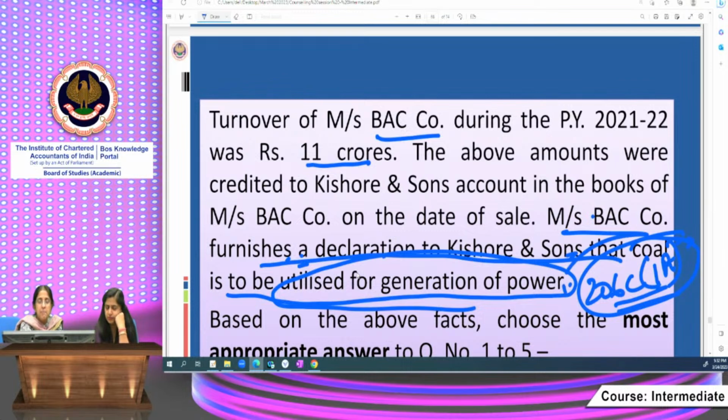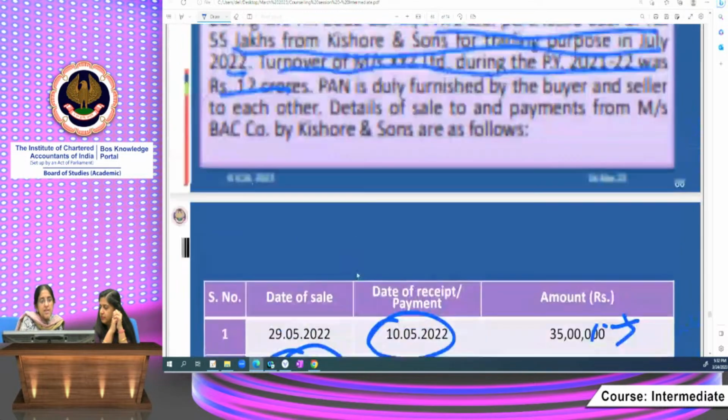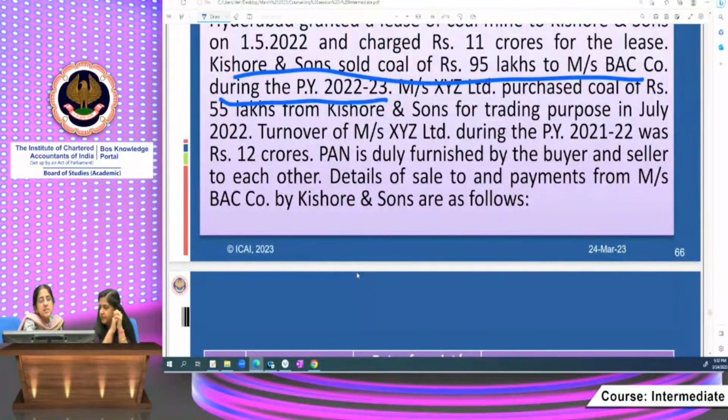Now what will happen? TDS provisions under 194Q have to be seen because 206C 1H is not attracted. In the case of manufacturing, if such a declaration is furnished, 206C 1H will not be attracted irrespective of the turnover. Okay? We have to see whether the provisions of 194Q are attracted. Who is the buyer, who is the seller here? Kishore and Sons is the seller.